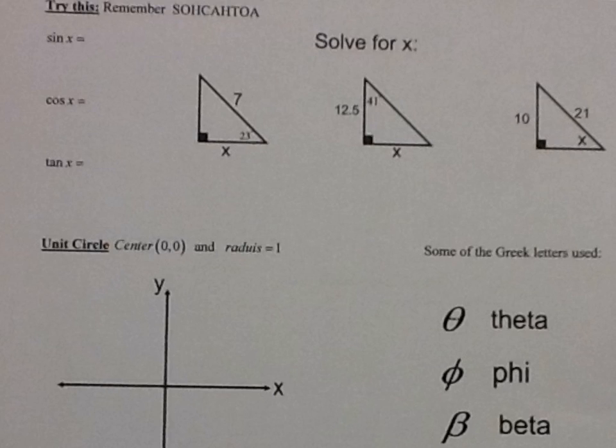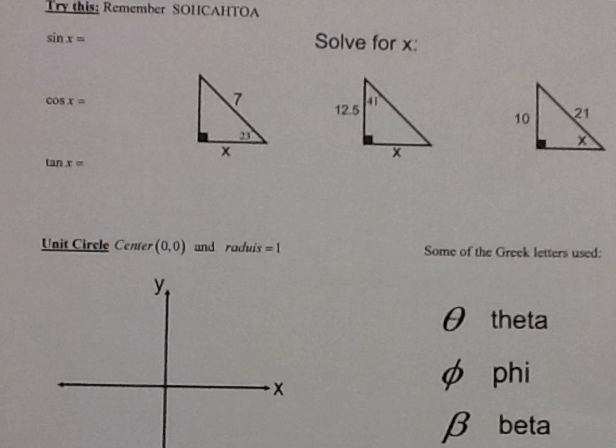So you probably learned what sine, cosine, and tangent are equal to, how to remember these ratios as SOHCAHTOA. So it's SOHCAHTOA. The S in SOH is for sine, the C is for cosine, and the T is for tangent.